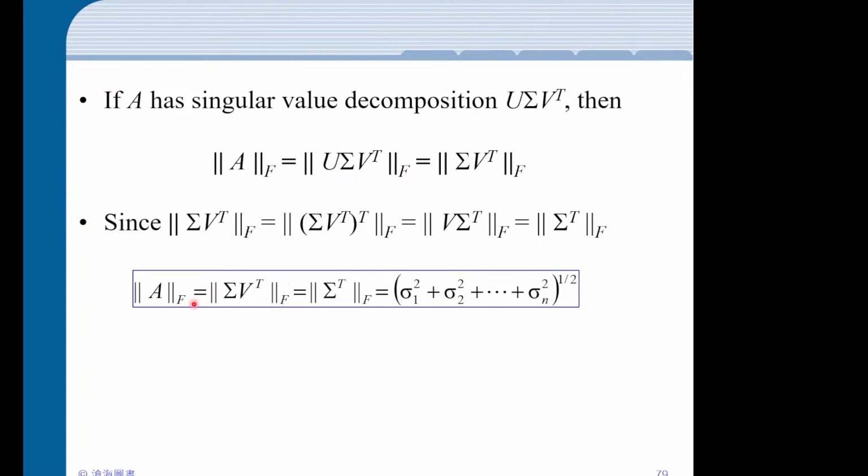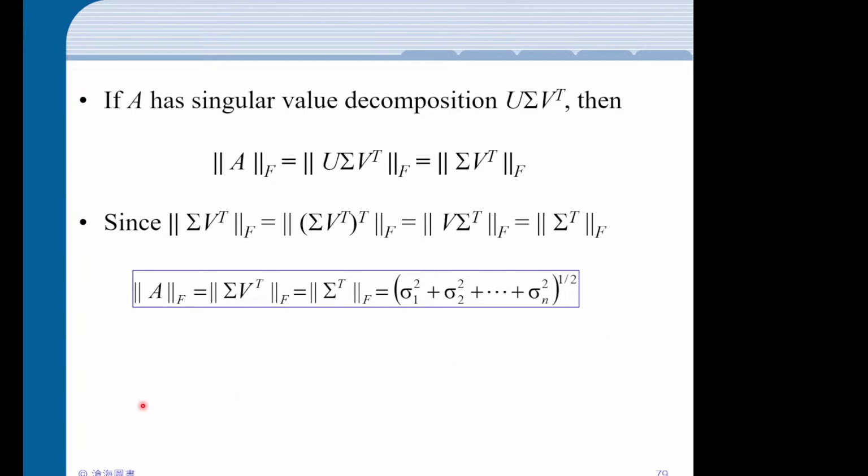So what does this say? This says that for the Frobenius norm of A, if you think of the singular value decomposition U sigma V transpose, U doesn't change the Frobenius norm, and V transpose doesn't change the Frobenius norm. So the Frobenius norm of A is just equal to the Frobenius norm of sigma, which is the two-norm of all those singular values.